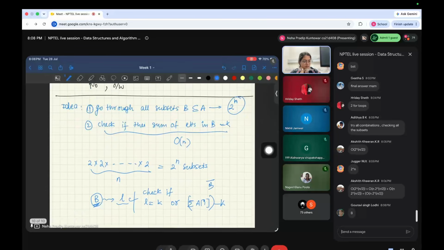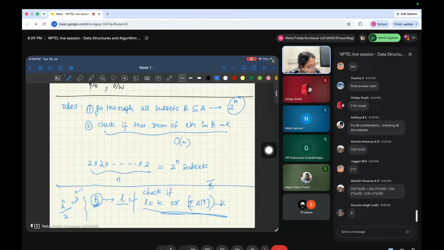So by doing this, you have reduced the total number of sets by half, because you don't need the complement of a set. You are just going to check it in this step itself. So this is 2 to the n minus 1, which is slightly better, not much better. It's still exponential.